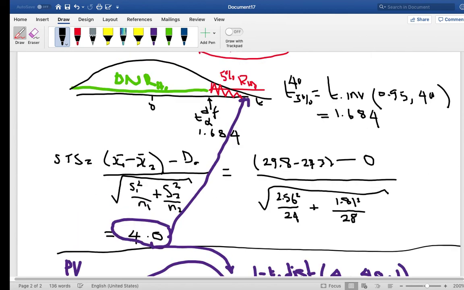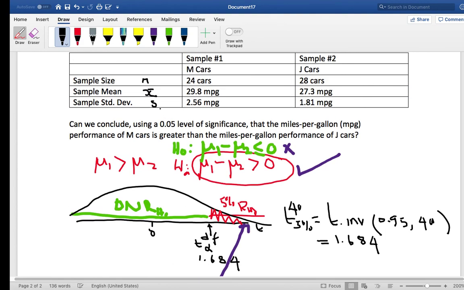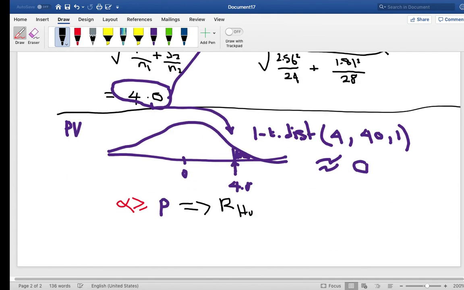Let's just remind ourselves, alpha for this question was 5%. So 5% is indeed greater than or equal to 0%. Remember the p-value was 0 up here. That was the p-value, was 0. So that implies that we reject H0.